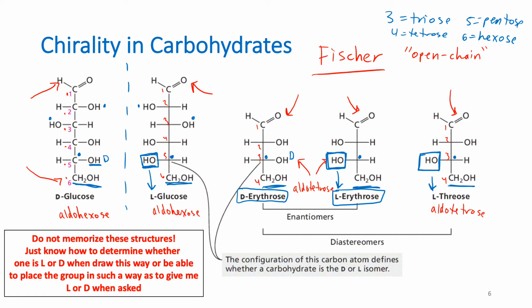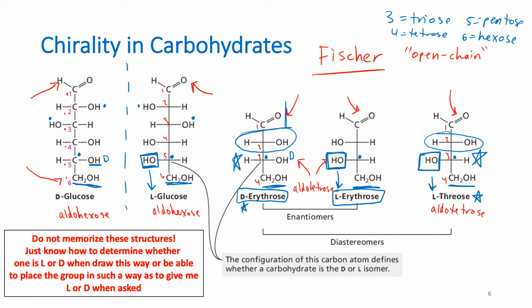But when taking this D erythrose and comparing it to L threose, notice that the top carbon, the stereocenter right here, is the exact same as this one that I'm circling in threose. However, this one that I'm indicating with the star, this one has changed. Now they're both aldotetroses, but one stereocenter has changed, so that's a diastereomer.